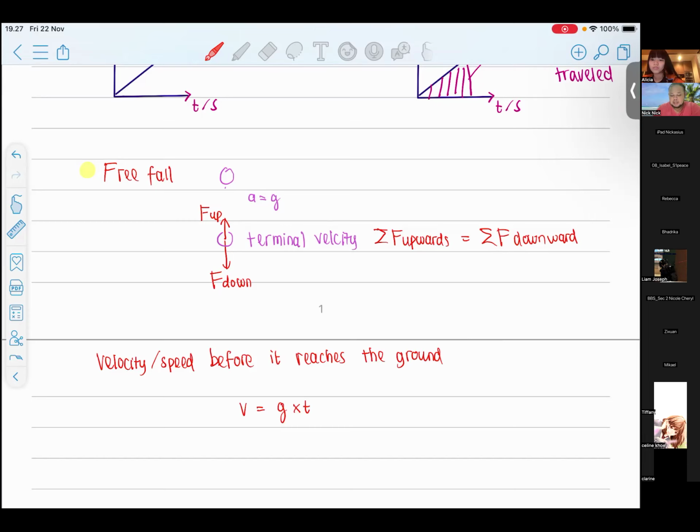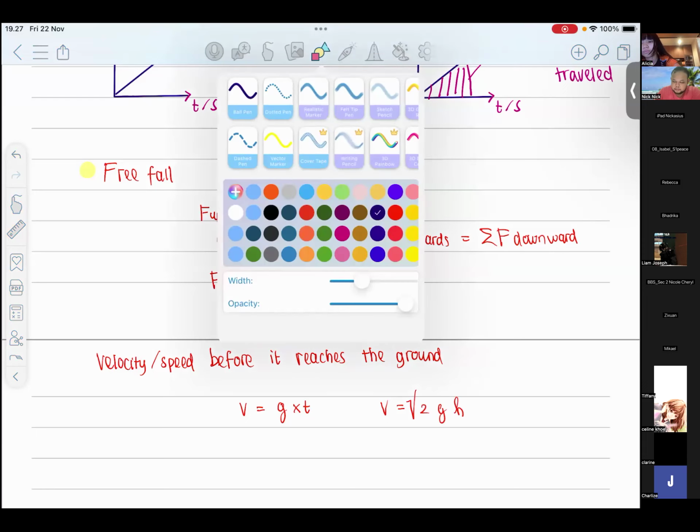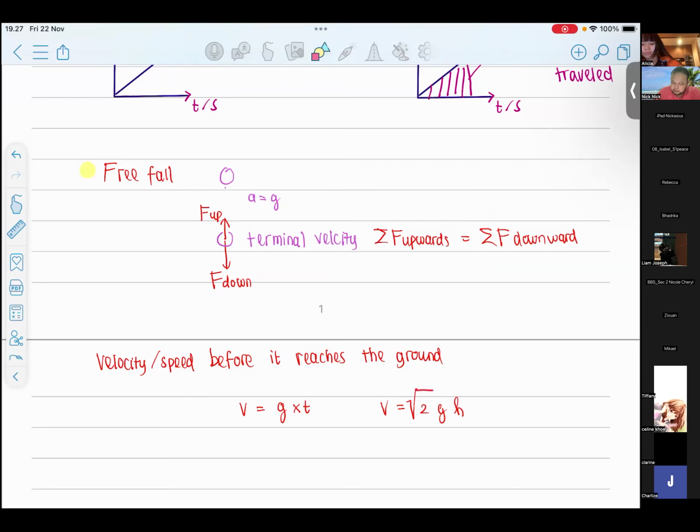We have discussed this. And then we can also calculate using the formula v equals square root of 2gh. Yeah, the velocity. Clear, students?